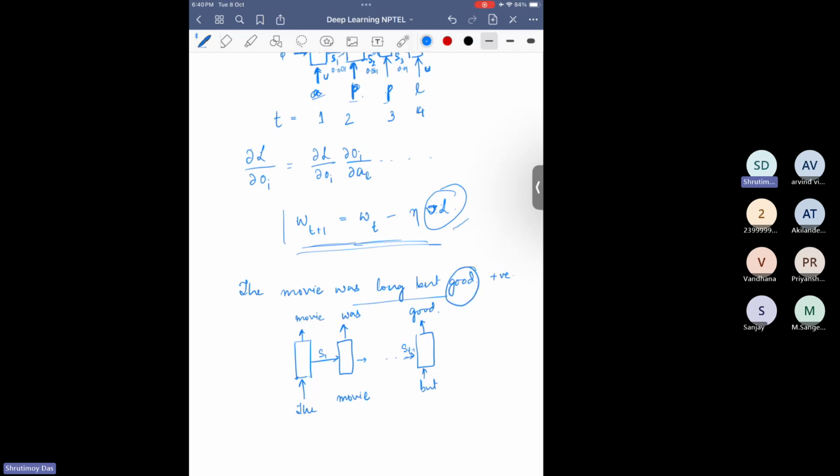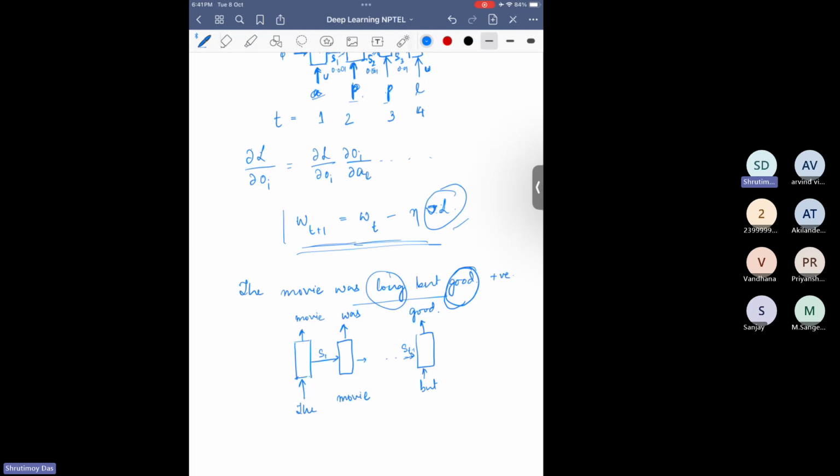We want our network to know that this good is there in the input, but long was there, and we don't want the network to focus on this long word. That is because that shows it is a negative sentence, but actually we know that it is a positive sentence.